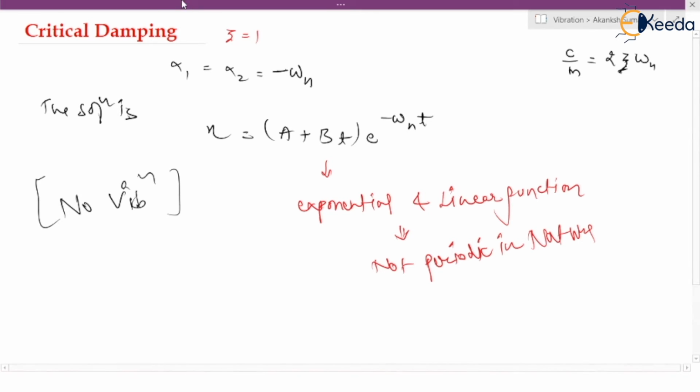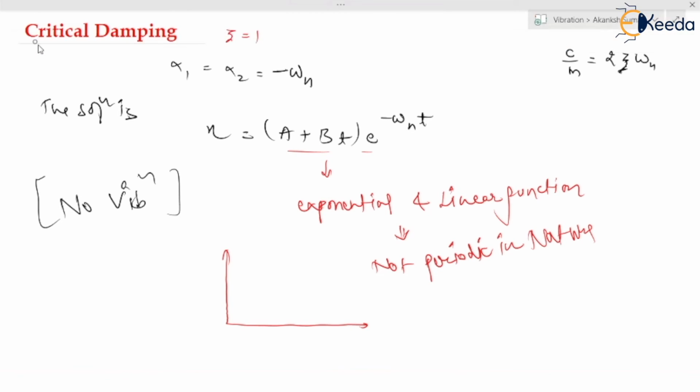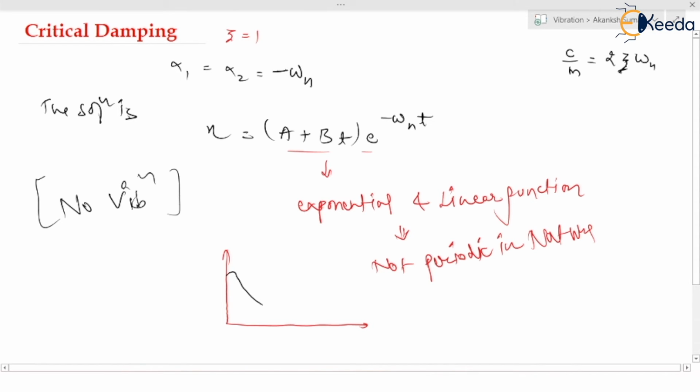Now, I'm just drawing here the diagram. When you draw the diagram, as it is a combination of exponential as well as linear, the graph would be like that. So this will go in the upward direction for some distance, and then it will go in the downward direction.